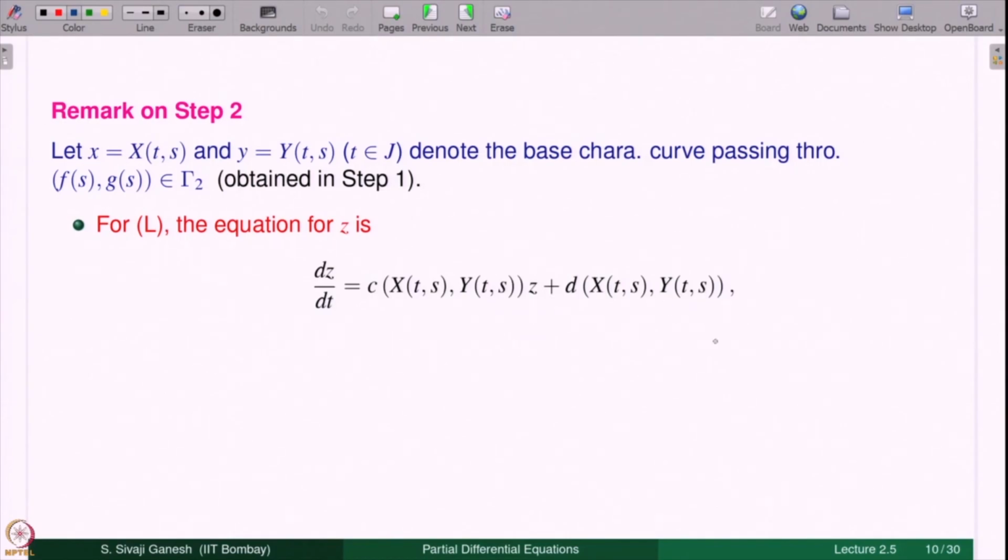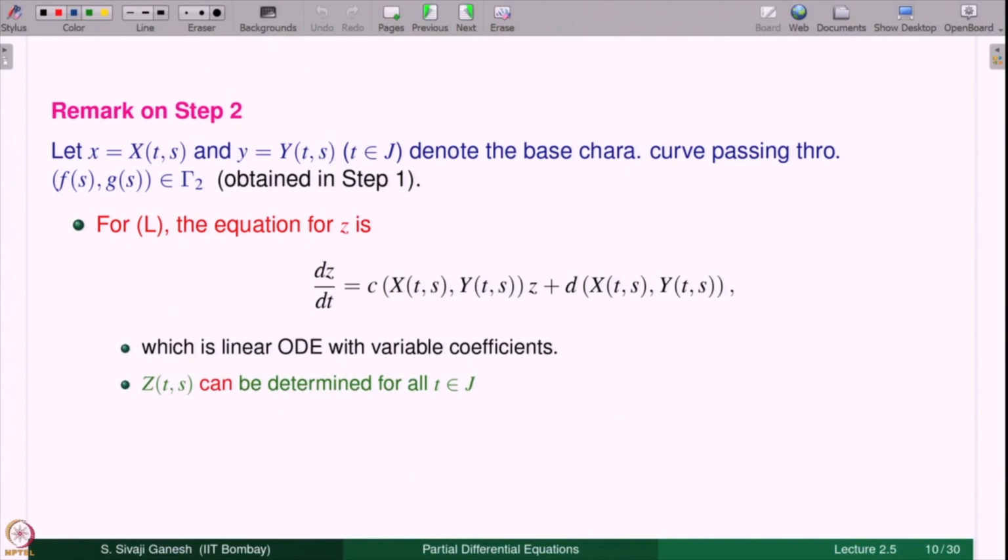It is a linear ODE with variable coefficients, because the coefficients depend on t. Here also this is non-homogeneous, you can take this to the other side. What you have is dz/dt - c(x(t,s), y(t,s)) z = d(x(t,s), y(t,s)). So, you have a right hand side term and variable coefficients here.